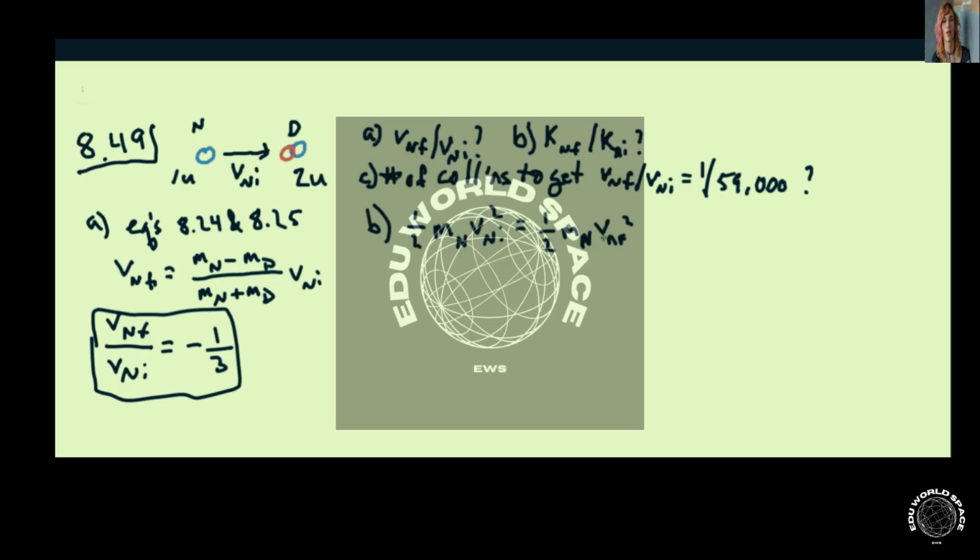Now we know that the ratio of these, this is the initial and this is the final, and we want to divide the final by the initial to get the final divided by initial kinetic energies. So all the 1/2 m's cancel out.